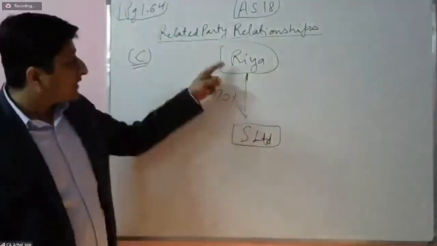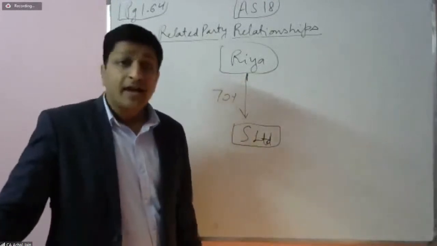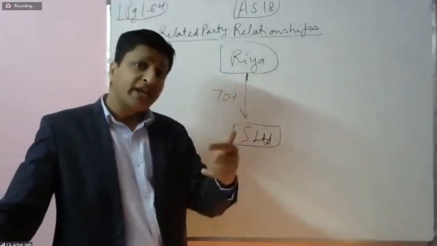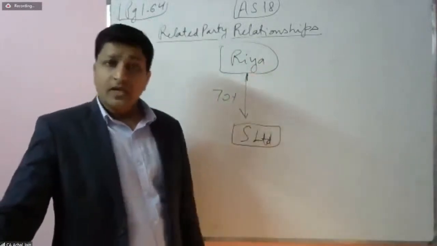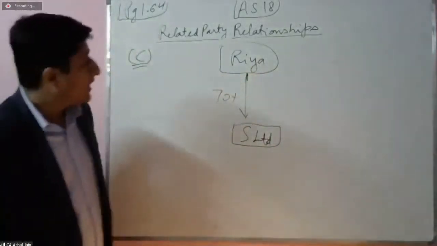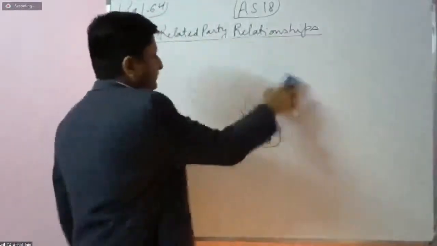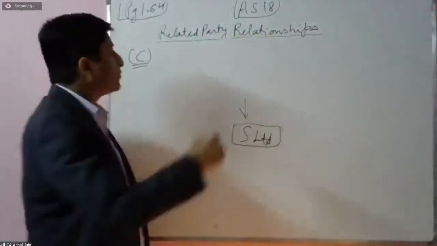In this case, RIA and S Limited will become the related parties. Why? Because RIA has got control over S Limited. So now we are not looking at the company, but we are looking at the individual. Through individual also related party relationships are possible. Let's suppose if we talk about Tanu.